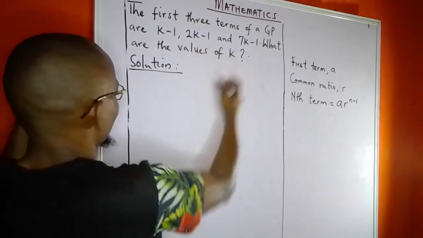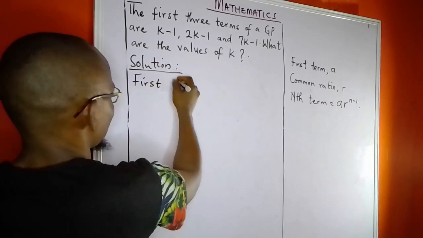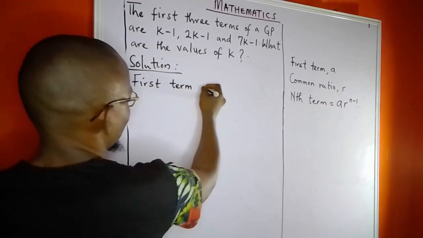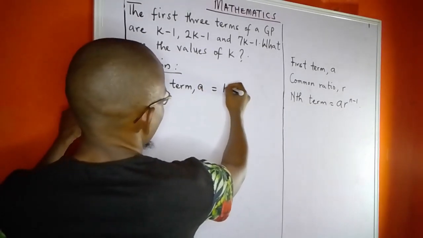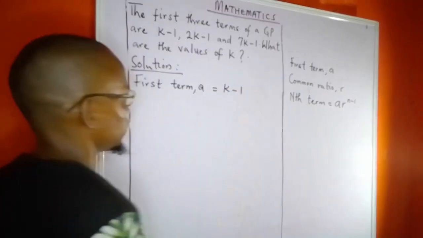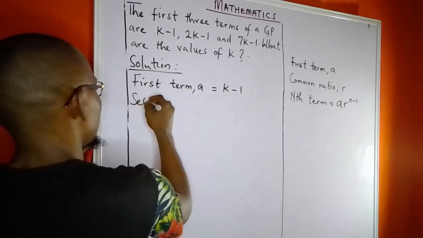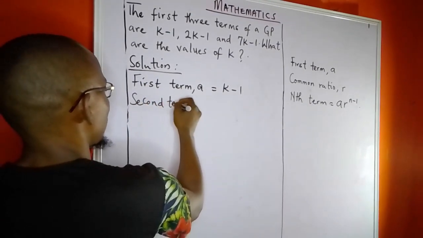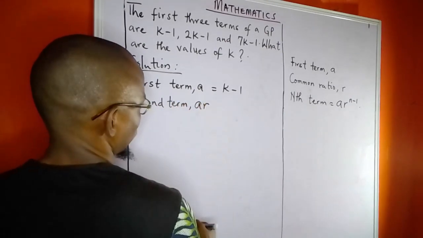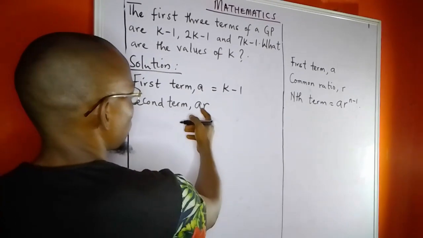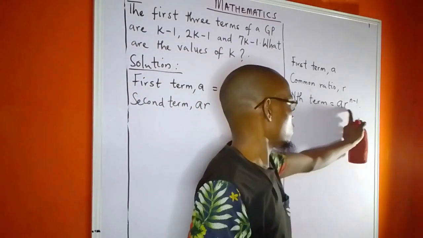So we write all this out. Our first term, which is A, is equal to k minus 1. The second term is A R. You might be wondering how I arrived at this A R. It is from here.